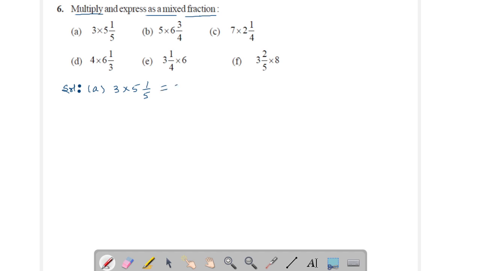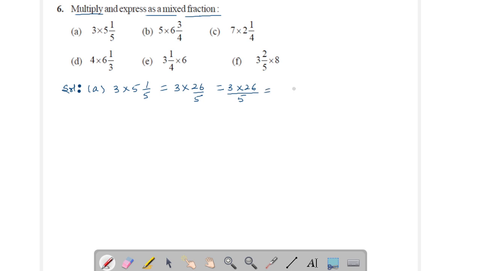This can be written as 3 into 5, 1 upon 5 converted into improper fraction. It can be written as 5 5s are 25 plus 1, 26 upon 5. This can be written as 3 into 26 upon 5, multiply it.